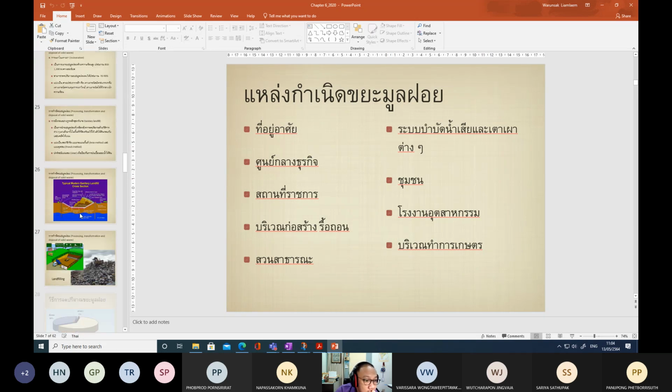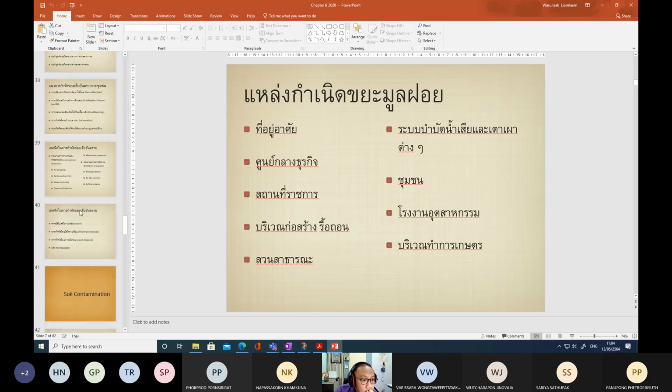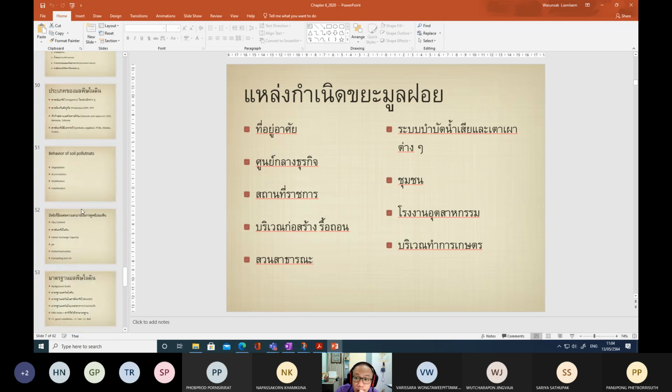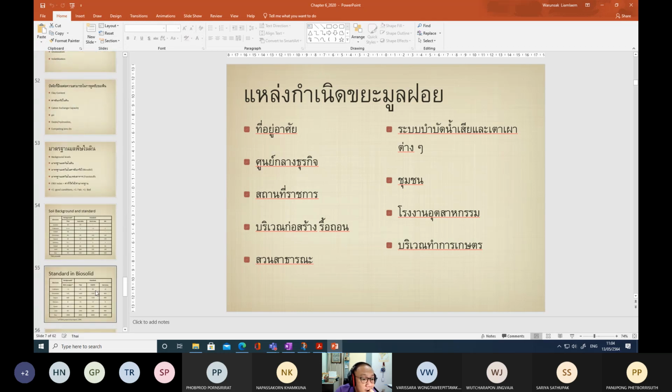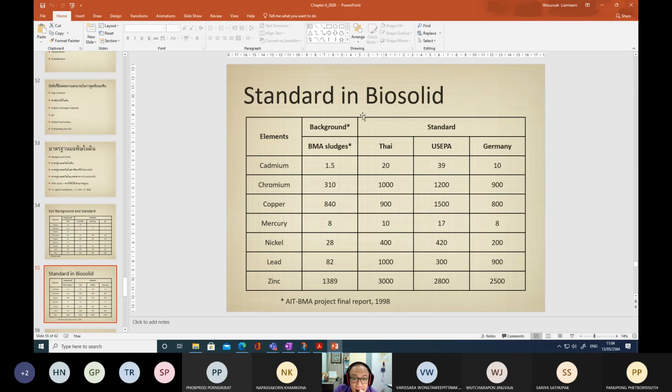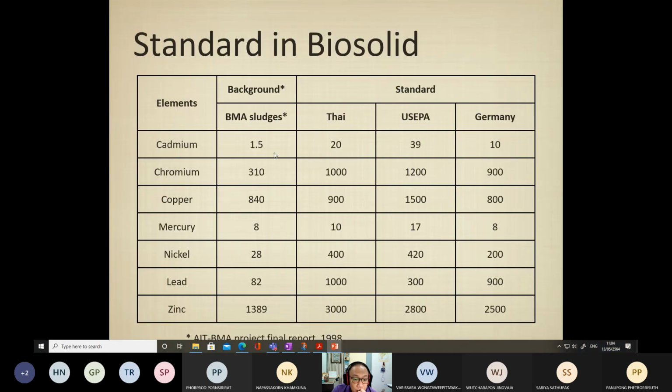Especially the solids. Okay, it's here. The solids collected from the domestic water treatment plants. This one is the resource obtained from the BMA sludge analysis.